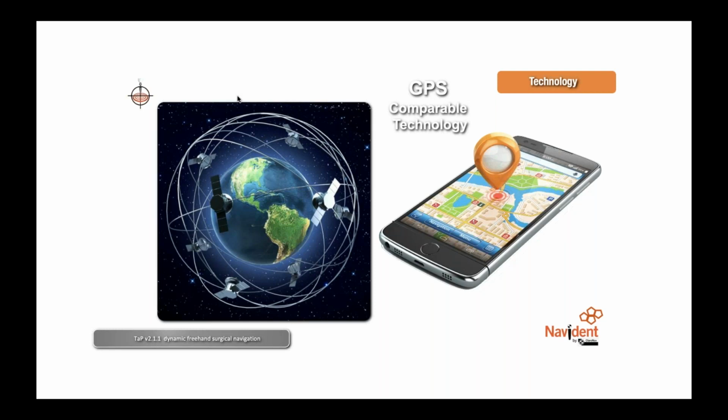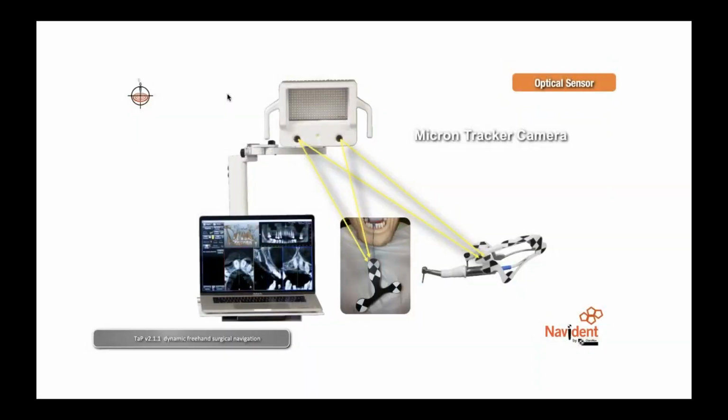And that idea is really intertwined with Navident, because equally, what Navident, dynamic navigation, does is track motion. It's a motion tracking technology. It tracks the movement of the surgeon's hand and the movements of the patient's head. And all these movements, thanks to the software, are matched to the 3D CBCT of the patient, the 3D images of the patient.